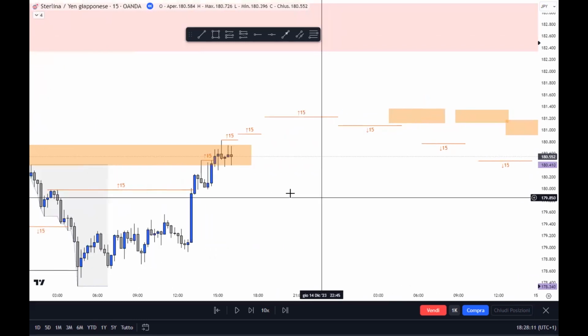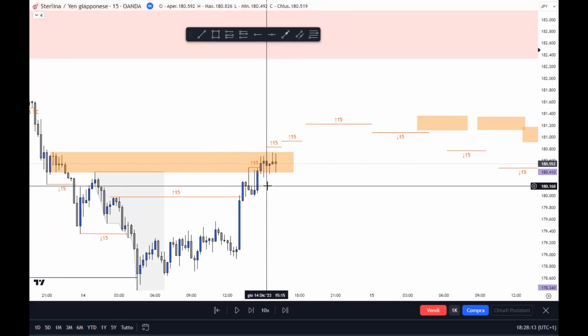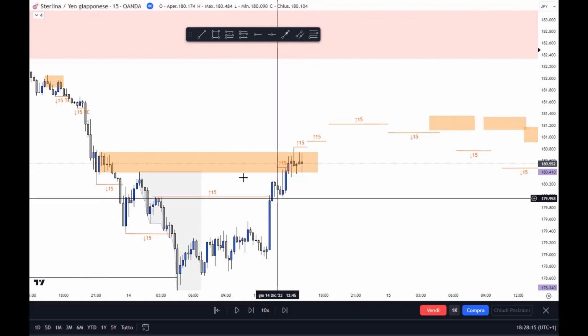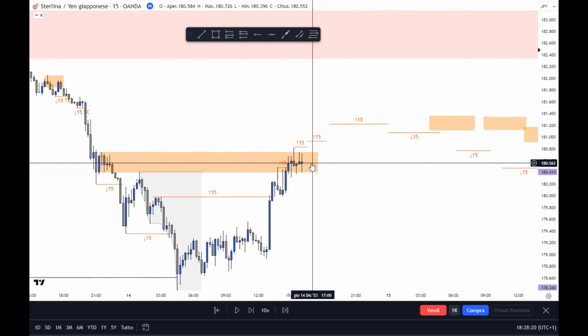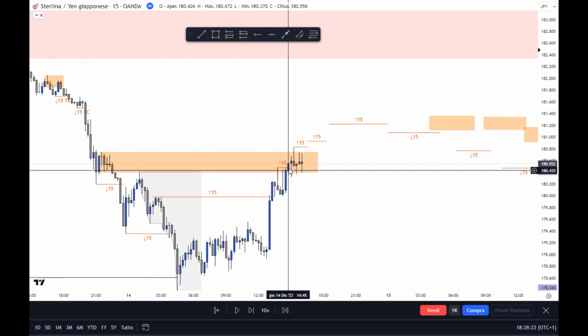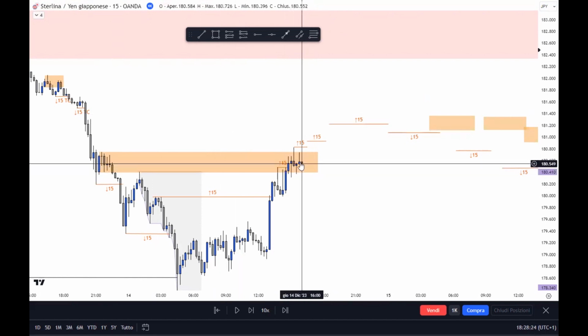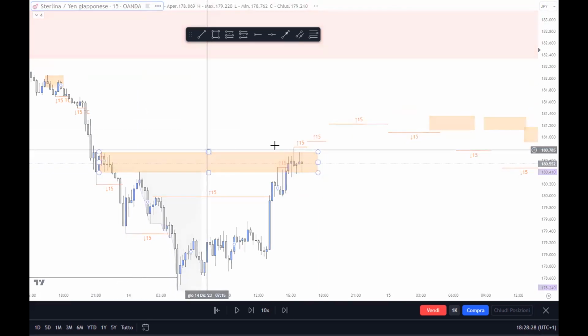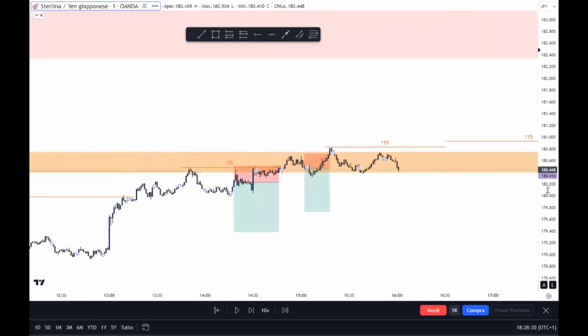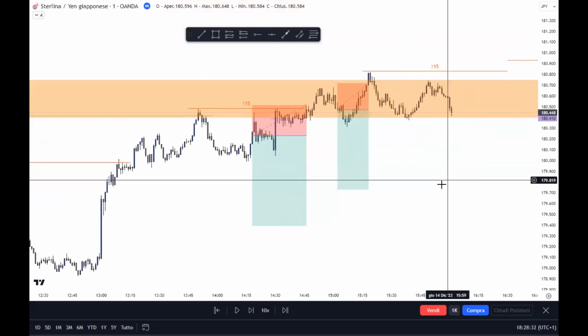But what makes us believe that the price should be coming down now is because this zone was not really mitigated. So when the price tapped in, we struck the short, but unfortunately it did not play out, right?